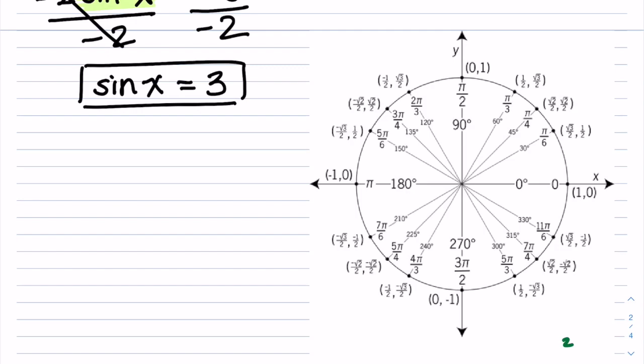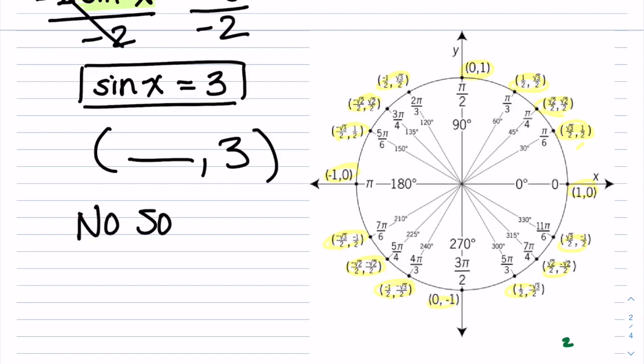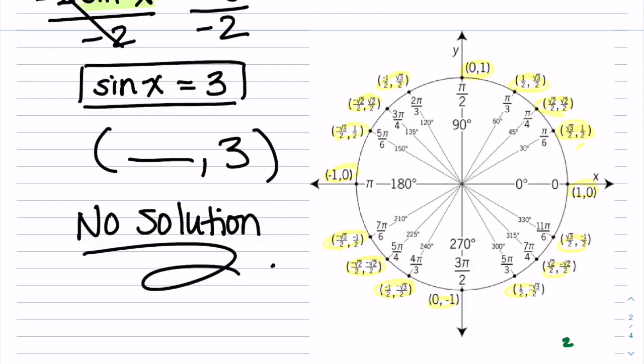That means we're looking for a coordinate that looks like something comma 3. And nope, nope, nope. So pretty much there's nowhere on the circle where that happens. So this would be no solution, which is possible, right? No solution.